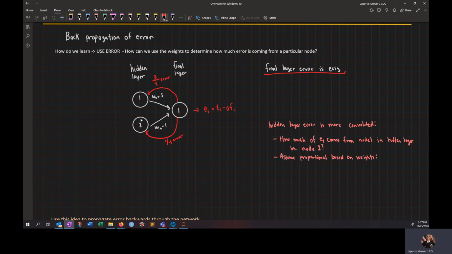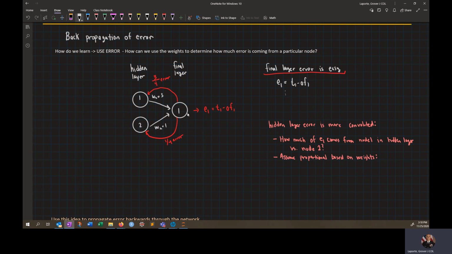If I'm trying to accumulate all the error in a node, I just have to add up all of the errors. So let's say E1 is equal to T1 minus OF1, and then you could keep going.